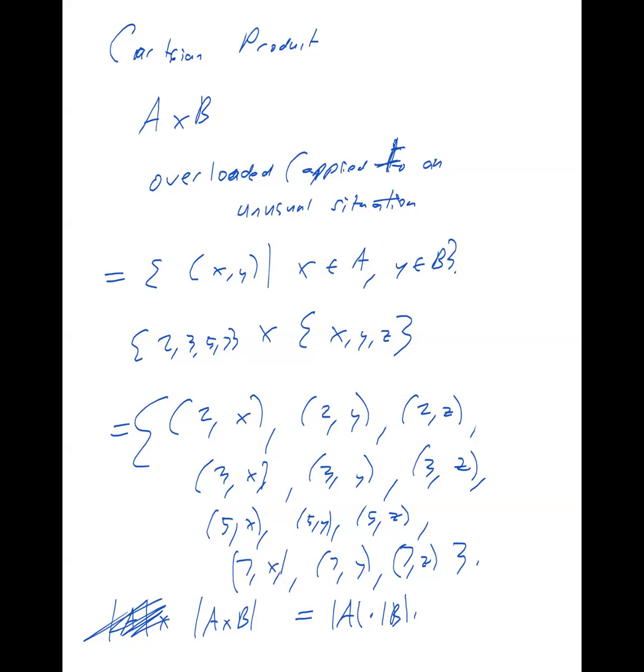Another related rule is about the power set. There's a set called the power set. In math, there's a very weird notation for the power set. In this book, they just use a strange looking cursive letter P like that. It's kind of hard to write.